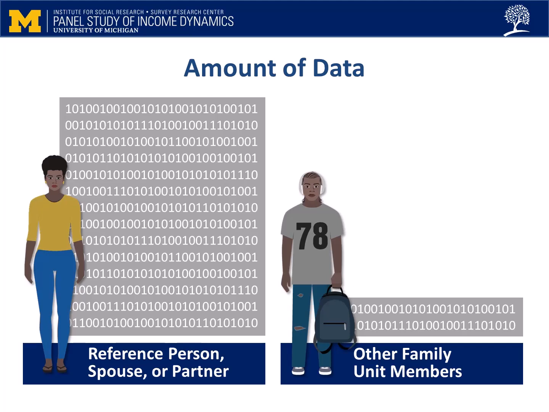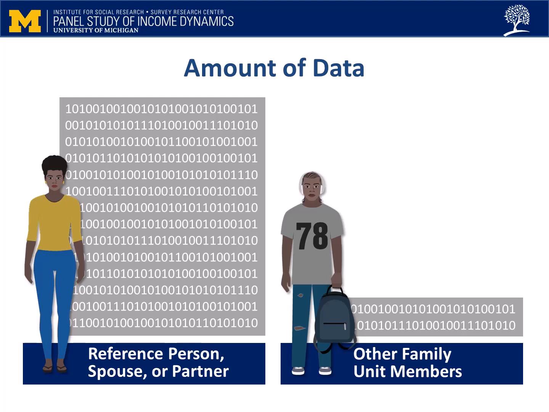This means that a decision you make about whether someone in the FU is a reference person, spouse, partner, or OFM can make a big difference in the quality of the interview data. If someone should have been the reference person or spouse partner but is coded as OFM, approximately half of the data will not be collected.